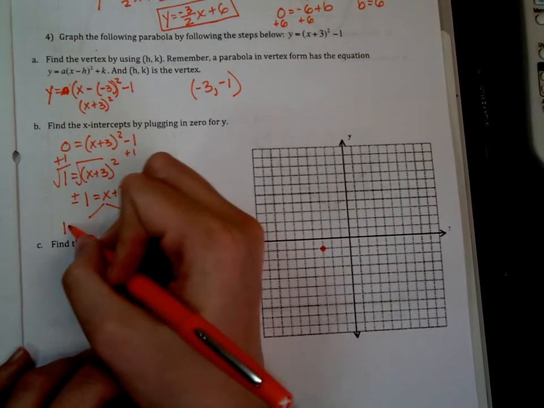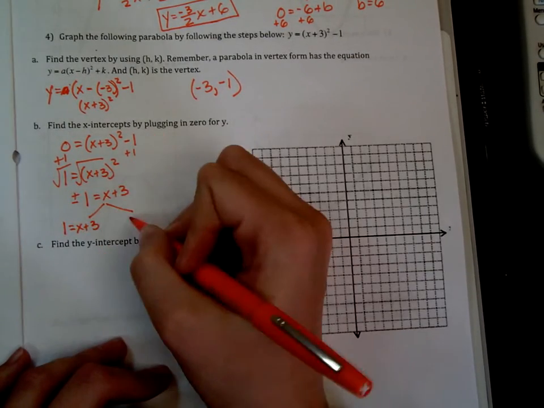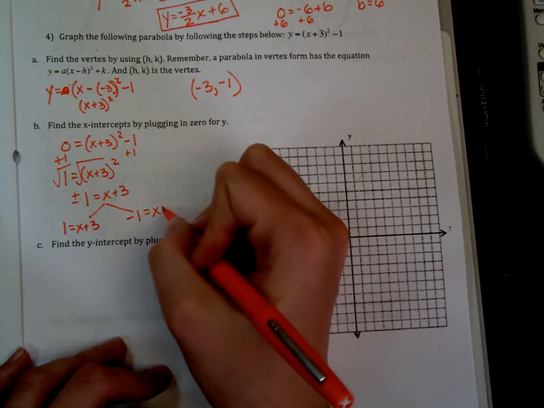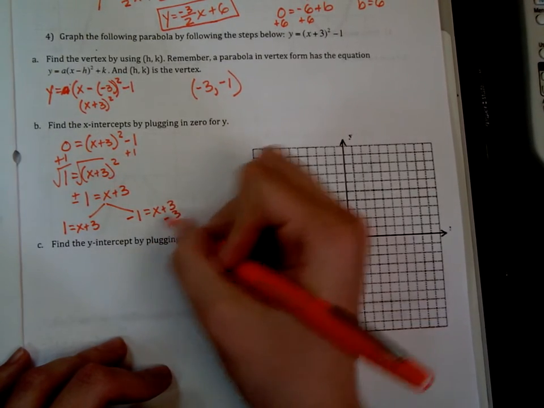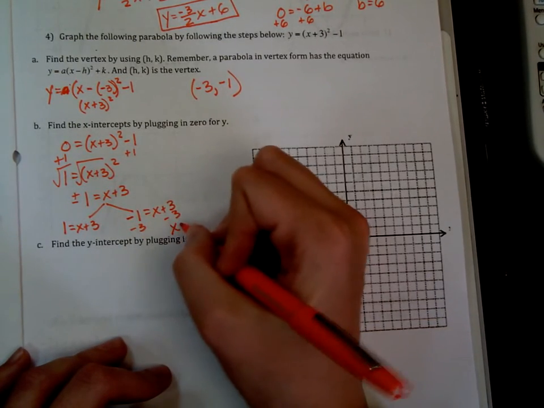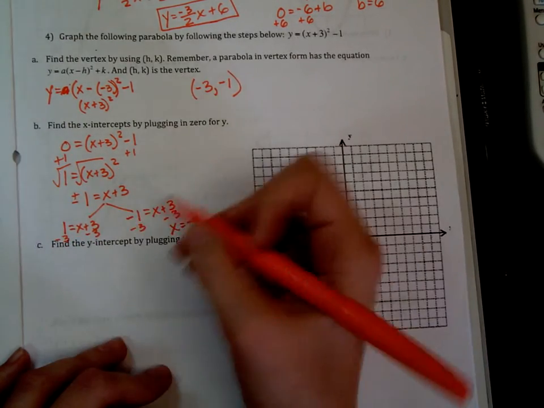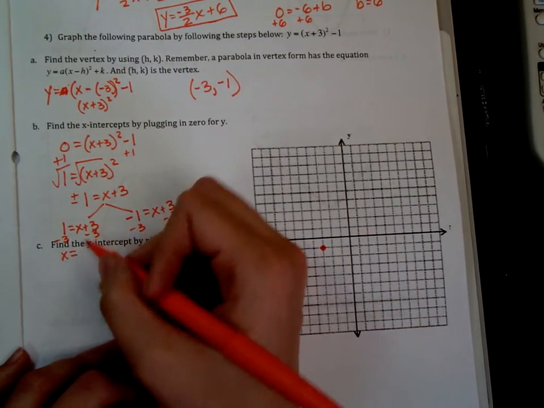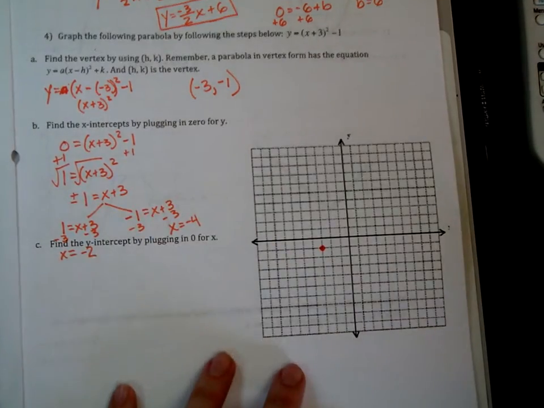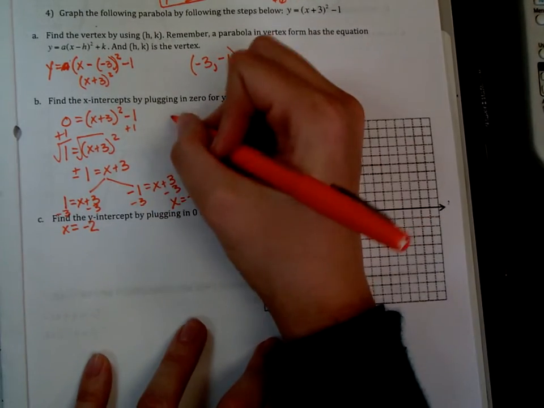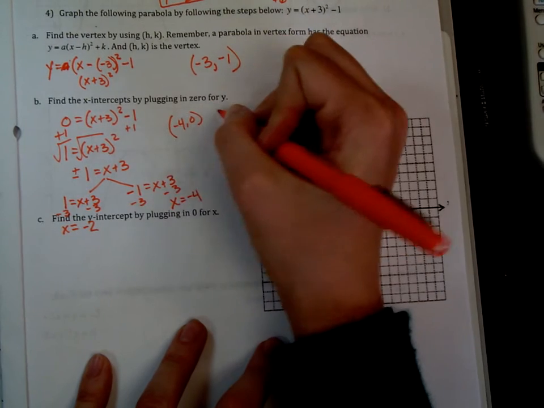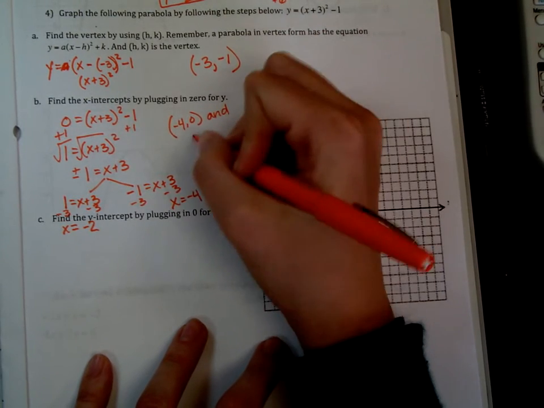Positive 1 equals x plus 3, or negative 1 equals x plus 3. We subtract 3 from both sides, and we get x equals negative 4, or x equals negative 2. So our x-intercepts are negative 4, 0, and negative 2, 0.